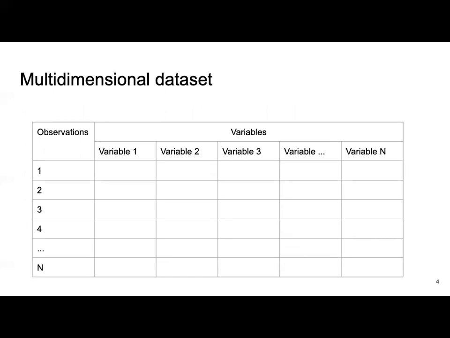So this is potentially what your data set looks like, where you have 1 to n number of variables and you have 1 to n number of observations. In PCA, there's no assumption about the structure of the data, so you might just have 1 observation for each subject, or you could have multiple observations per subject, per condition, per run. They can be related.